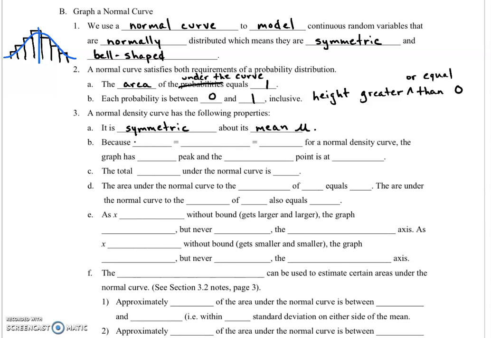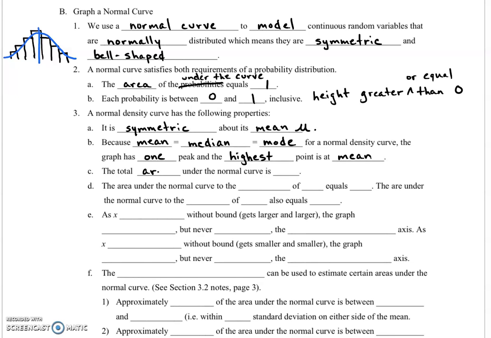When we have a normal curve, the mean, the median, and the mode are all equal to each other. And because of that, the graph has one peak, and the highest point is at the mean, median, mode, since they're all the same.